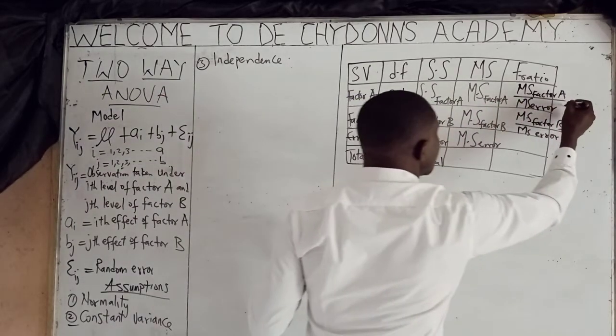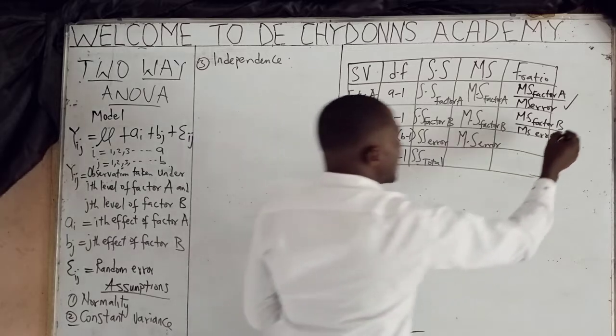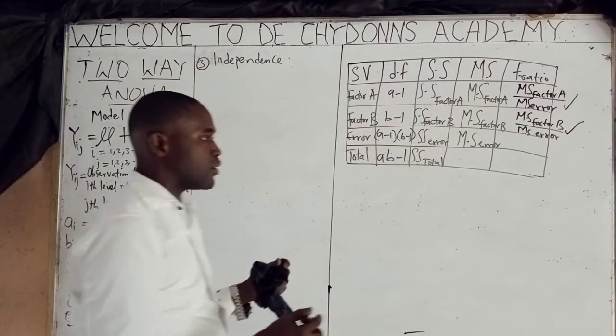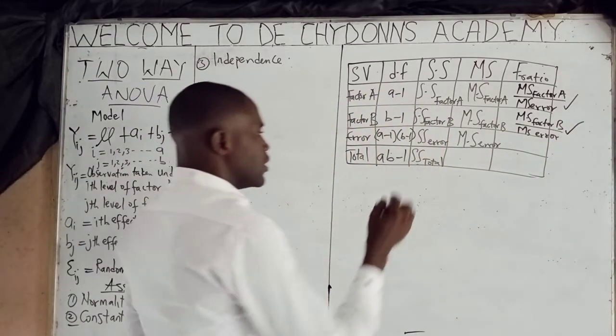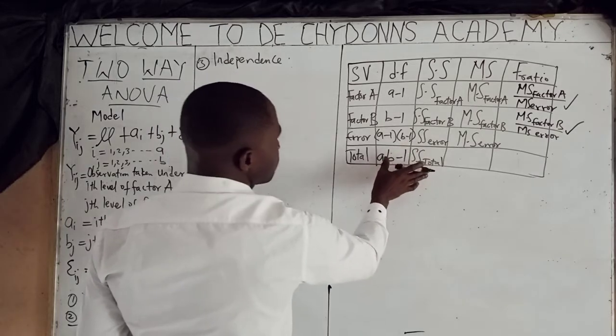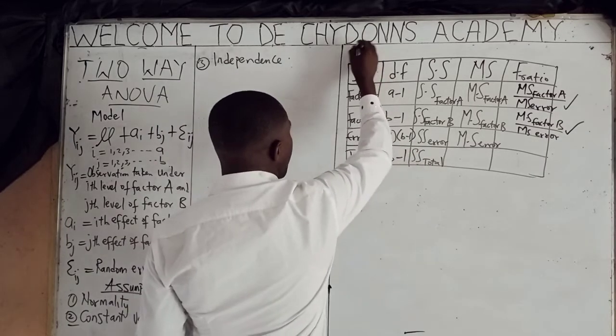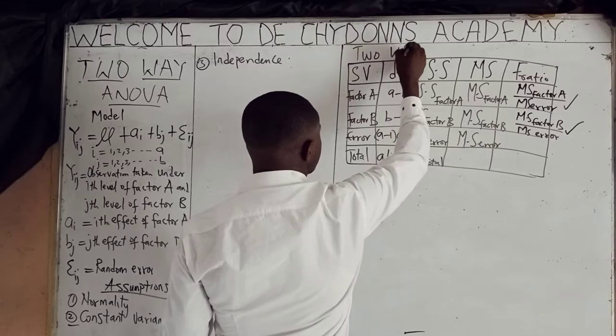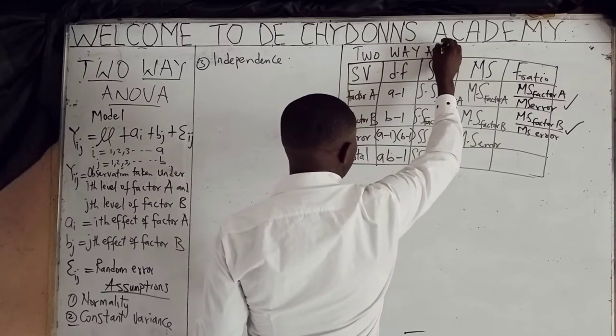So you will use this for your first conclusion and this for your second conclusion. Then after you must have written this, it is called the two-way ANOVA table.